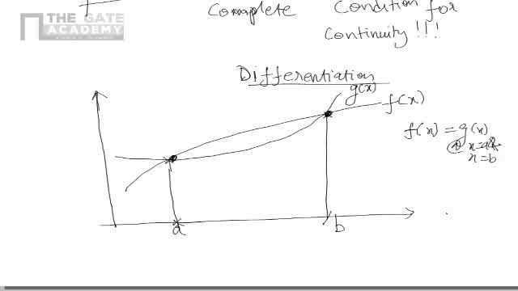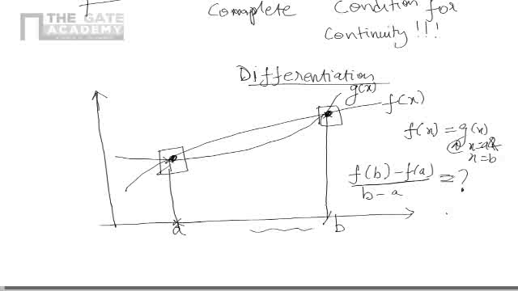Say for example, suppose I do f of b minus f of a by b minus a. What does this mean? I am taking this value, I am subtracting it with this value, and then I am doing a subtraction here also. What does this give me?